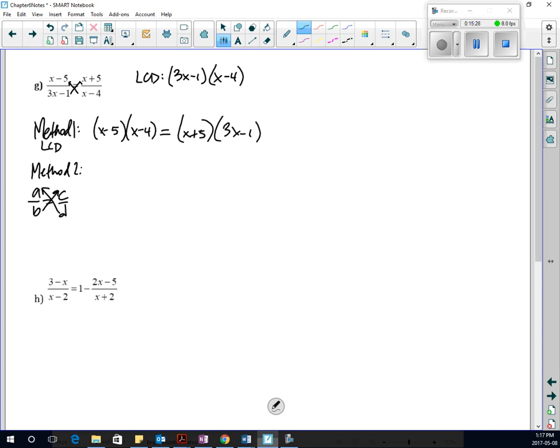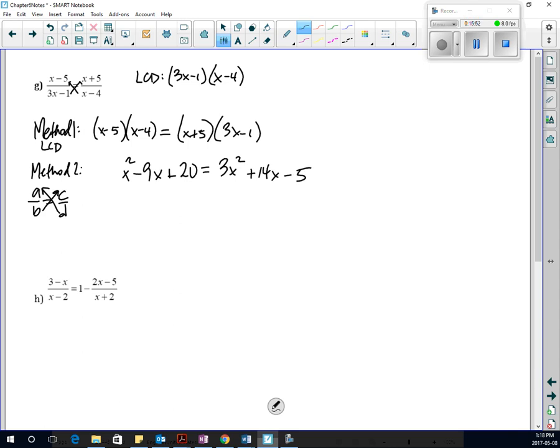So first we get x squared. Outer I get minus 4x, inner I get minus 5x, so minus 9x plus 20. On the right side there's a FOIL as well. X times 3x is 3x squared. Outer gives me minus x, inner gives me plus 15x, so that would be a plus 14x. And then last I get minus 5.